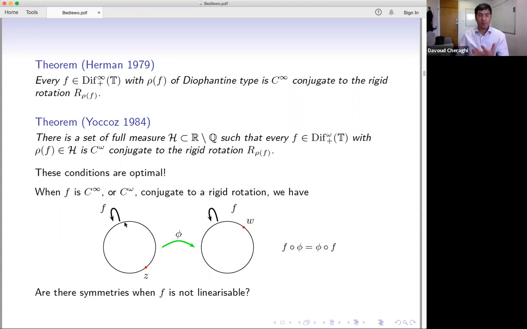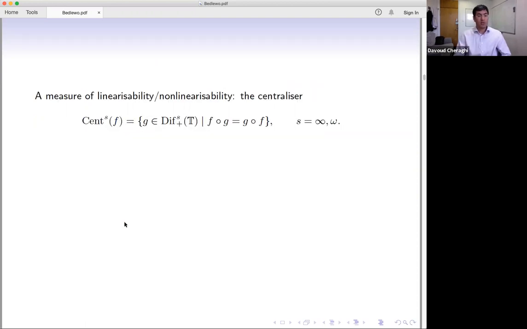Yes. So I will make this a bit more precise. As I said, a measure of linearizability or non-linearizability of a given map can be coded in the centralizer of that map. It's defined as follows. If you have a map F of the circle, I've just focused on the C infinity and C omega case.